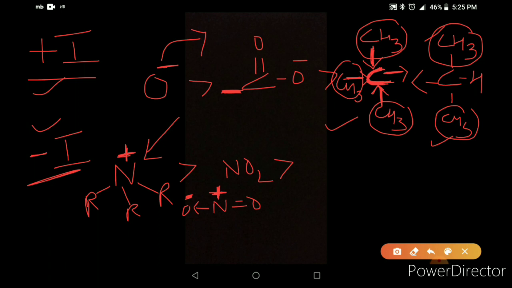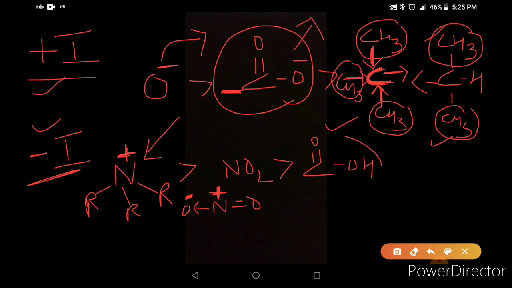The next group which is minus I in nature is C double bond O, OH. Now see the difference. If it is COO minus, it has a tendency to lose electrons, but if it is COOH, neutral, it will have a tendency to gain electrons, and it is minus I in nature.